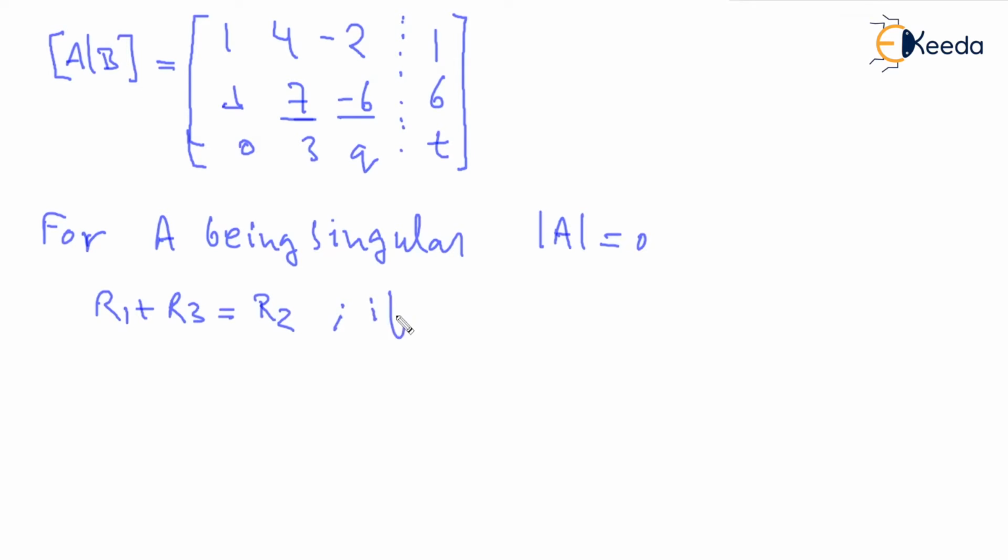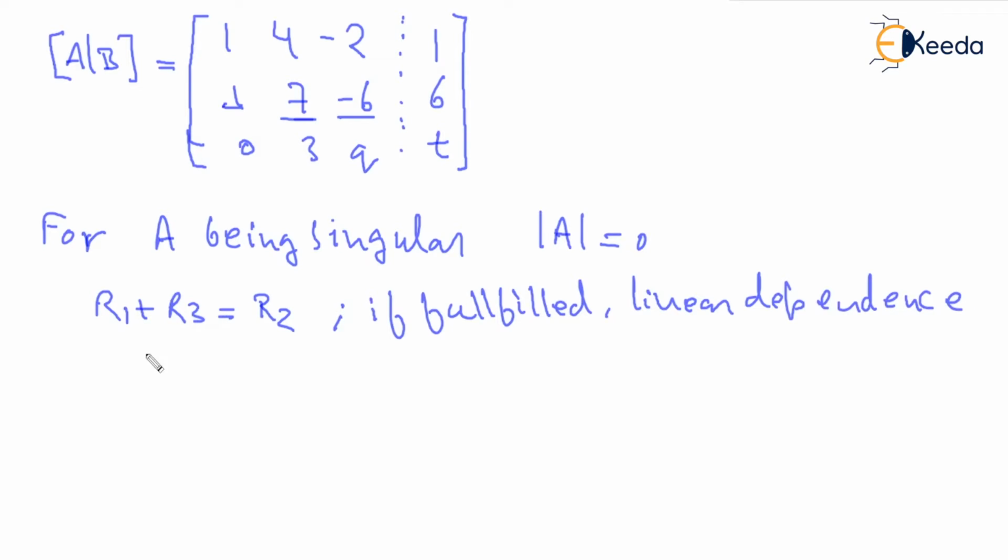If fulfilled, linear dependence among rows makes determinant A equal to 0.